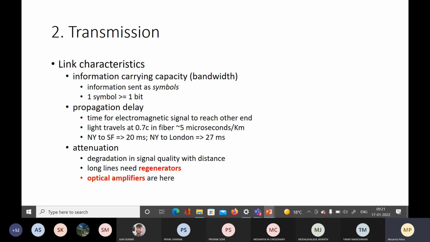Now, this is an interesting question that I have. You have seen telephone networks for a really long time. You have already studied different types of computer networks. We make very long distance calls, right, from one end of the world to another. So how do you think this communication is happening?